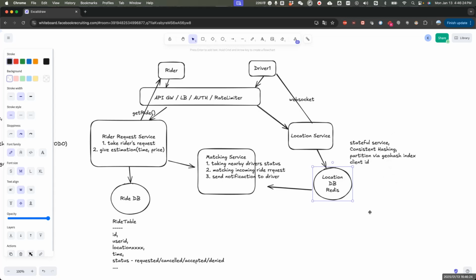Another reason we would like to use consistent hashing is that it will allow us to scale very smoothly. For example, say we're having a concert at 10 p.m. and everyone in this district or area is requesting an Uber ride to take them home.